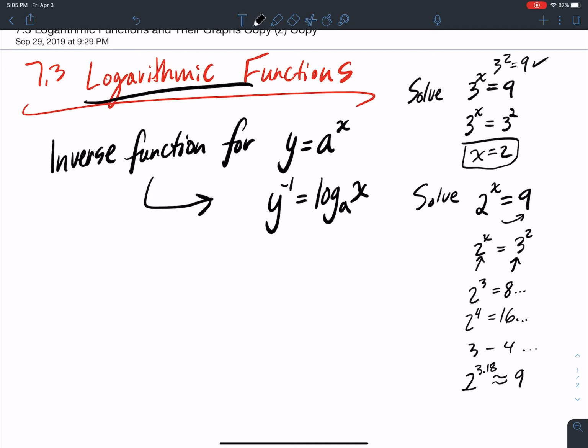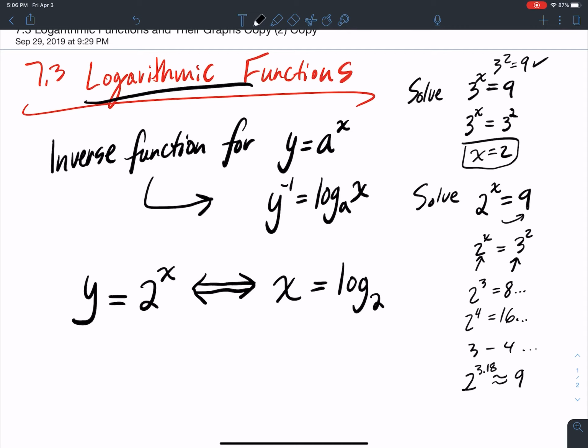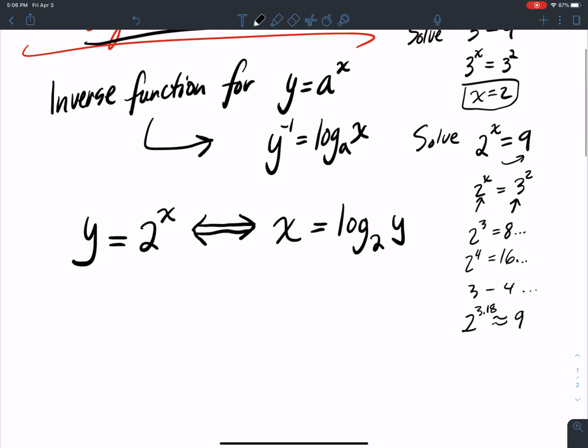So how do these relate? Y equals 2 to the x, so we're just going to pick a equal to 2 here so we don't lose generality. And this is the same as x equals log base 2 of y.